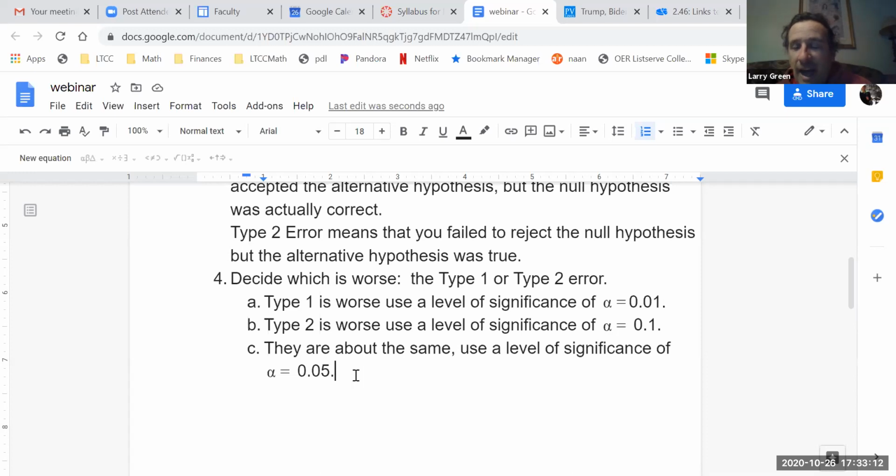Similarly, alpha is the chance of having an error before you start. So this is going to be the chance that we're going to have a type 1 error if the null hypothesis is true.